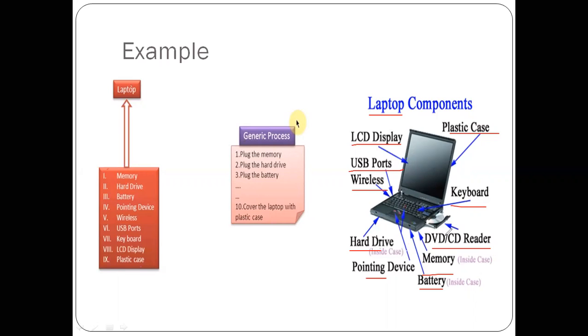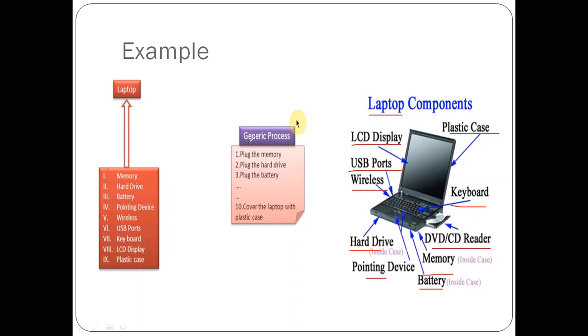By adding all these objects, I made one laptop. This is a complex object. This laptop, this complex object, is a collection of simple objects, made by adding all these objects into a single object.